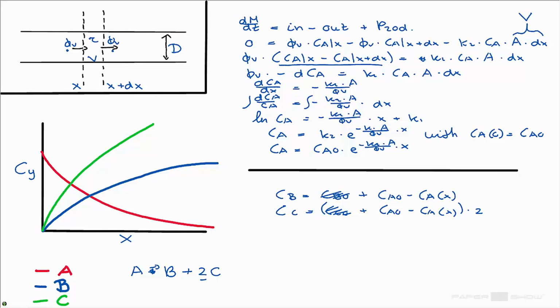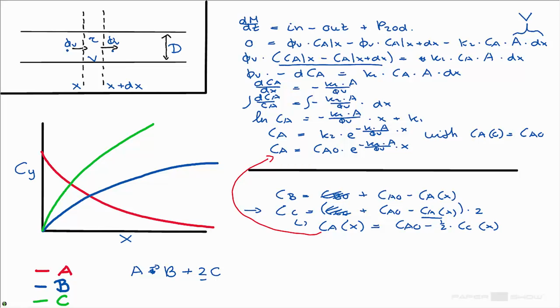So now I want to make a profile for C. I'm not going to start all over, since we have this term, and I can rewrite this equation into this, Ca0 minus a half times Ccx, and I can just put this into this equation, and that would eliminate Cax, right?